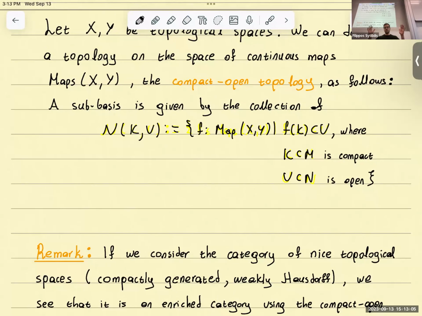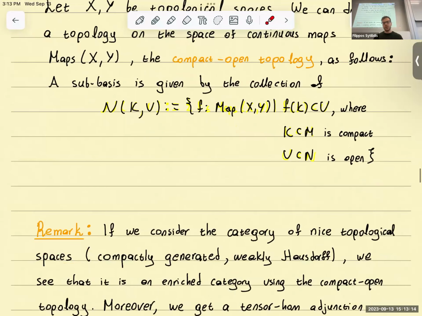I'm just defining a topology with this subbasis, and that's a nice topology to consider.